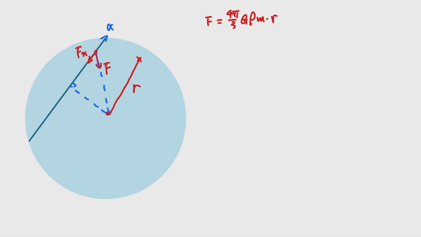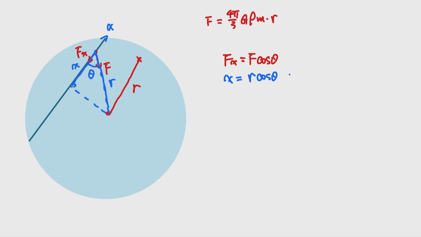Let's call the displacement from the center of the tunnel x. And let's call the distance between the mass and the center of the Earth r. And x and r are making an angle theta. So if we resolve the force now, we know that Fx equals F cos theta. And the same, x equals r cos theta.